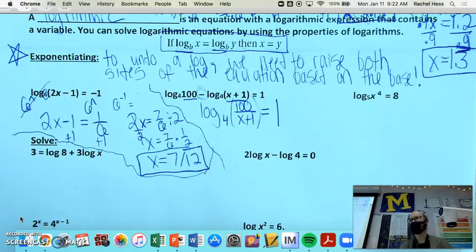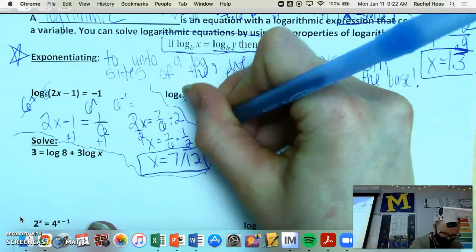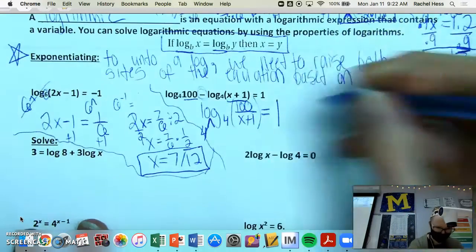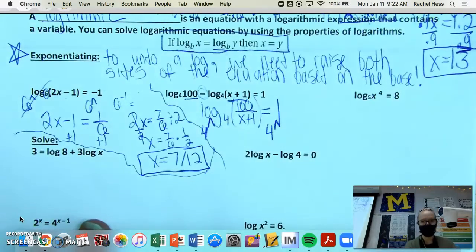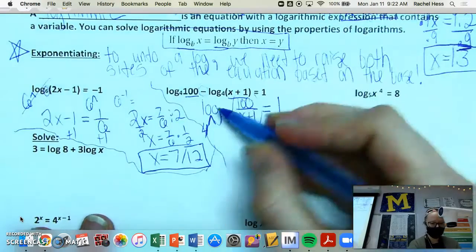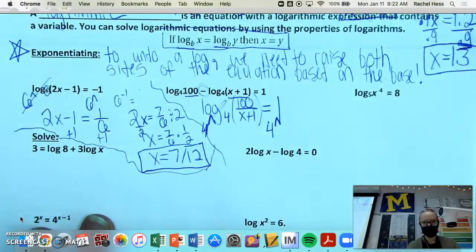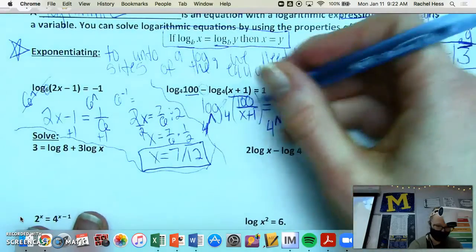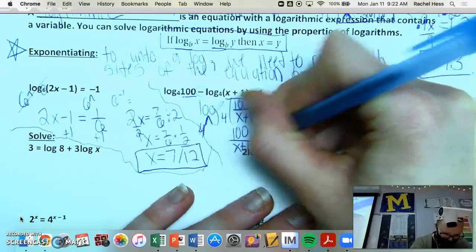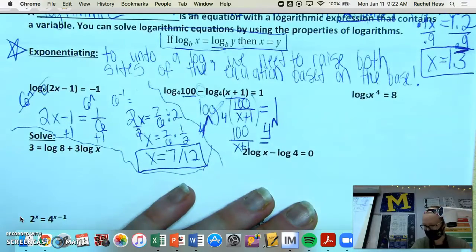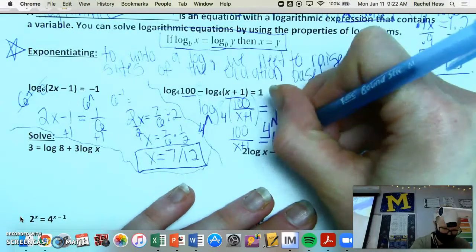What number should I exponentiate with? I should be using a 4. So I'm going to do 4 to the log base 4 of 100 over x plus 1, and then 4 to the first power, right? When I do that, my log base 4 and the exponentiating of 4 cancel, and I'm left with 100 over x plus 1 equals 4 to the first power is 4.